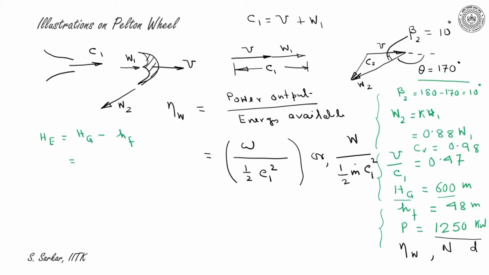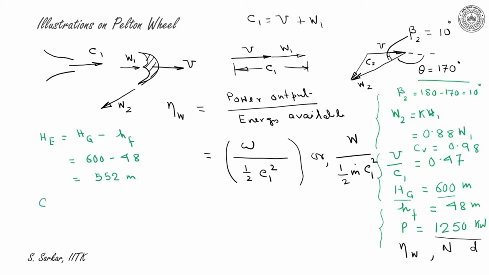So therefore I can write 600 minus 48. If you calculate, it would be 552 meter. So I have evaluated the effective head available.